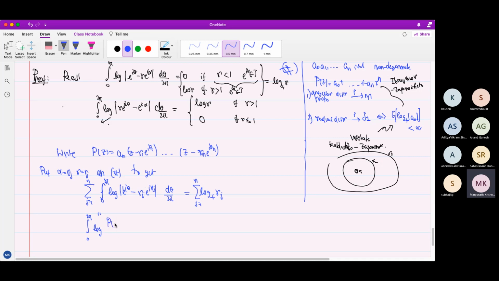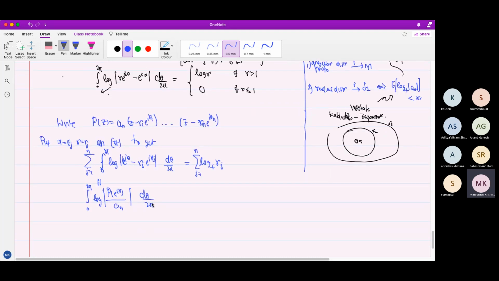So it is log mod p of e to the i theta over a n. See, mod p of e to the i theta over a n is exactly the product of e to the i theta minus r1 e to the i theta 1 up to e to the i theta minus rn e to the i theta n, and the log will make it a sum. So I have this. It's kind of what I seem to want.